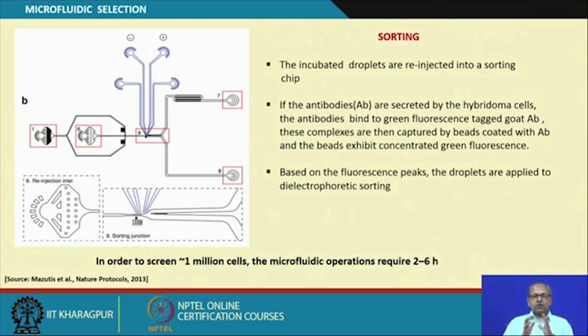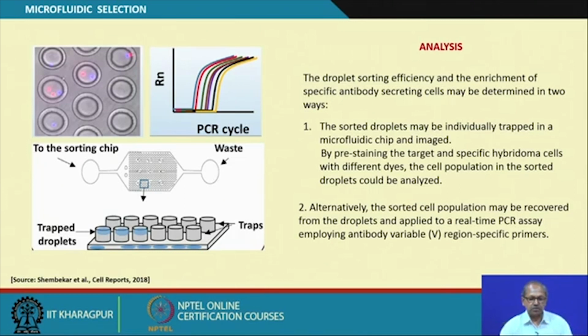Now, if you compare the 2 systems, macro scale and microfluidic system, we have a lot of leverage in the micro scale system. After selecting these positive clones, to assure that they are positive, the sorted droplets may be individually trapped in a microfluidic chip and stained to target specific hybridoma cells with different dyes.